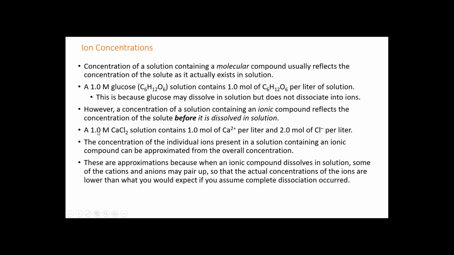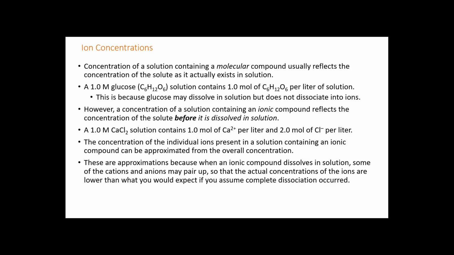So this 1 mole will match this 1 mole because there's only one, even though there's a 2+ charge. That goes with the ion, not the molarity. Here, though, we have 2 chloride ions. So that means that we have 2 moles of chloride per liter.